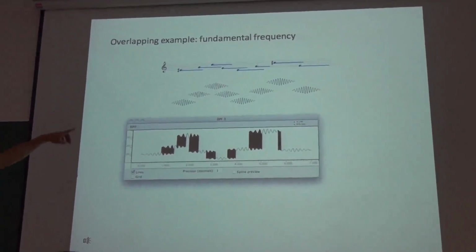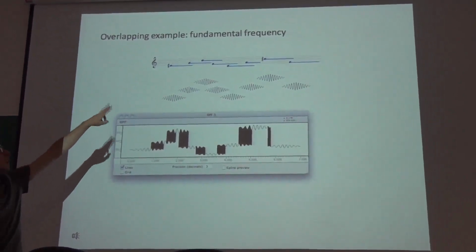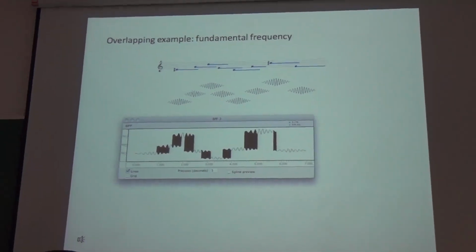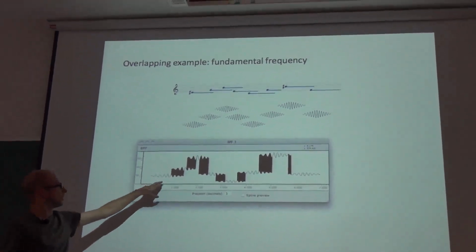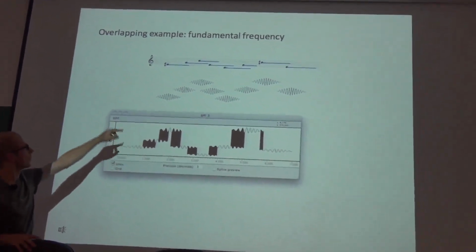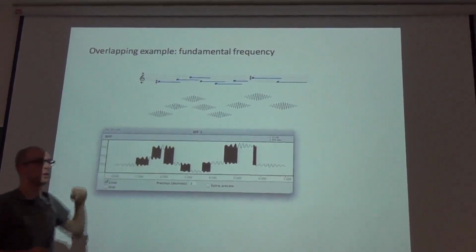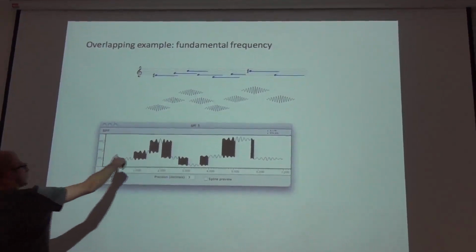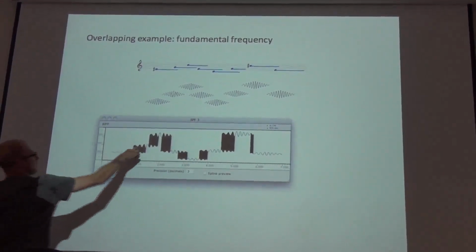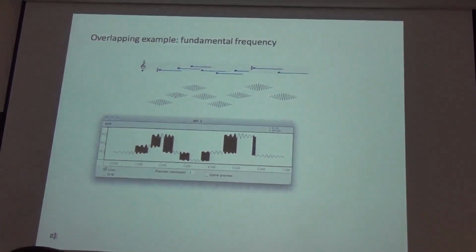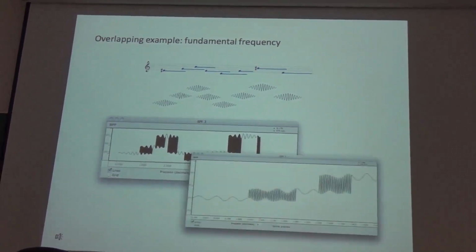If I have this chord and I do a similar process as before, and I look at the resulting curve, this is supposed to be the fundamental frequency of each note with the vibrato. If I look at the resulting control curve for the process, I have these areas here where all the parameters are messed together.